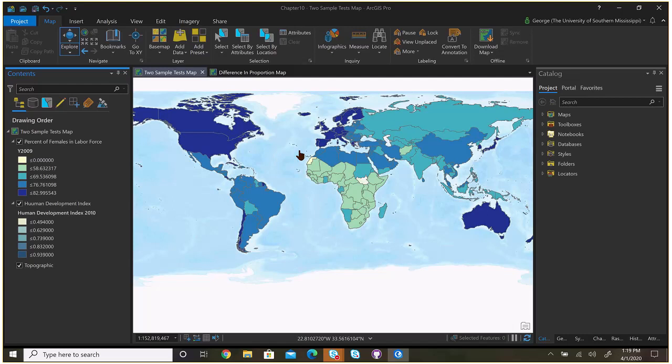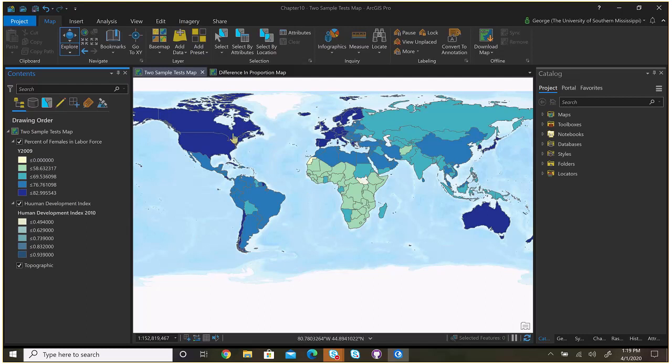So is this group and this group, are they from the same population or are they not from the same population? That's basically the question that we're answering with chapter 10. So we're trying to find out if two different groups of data come from the same population.